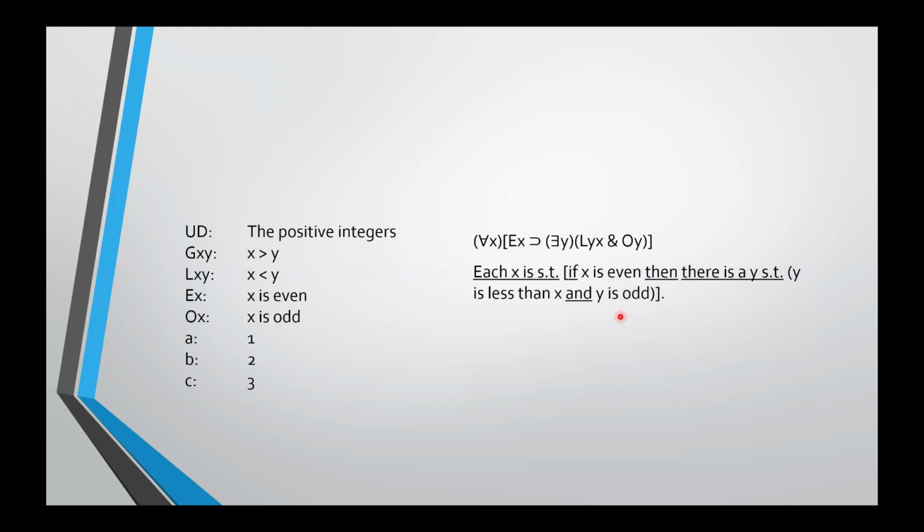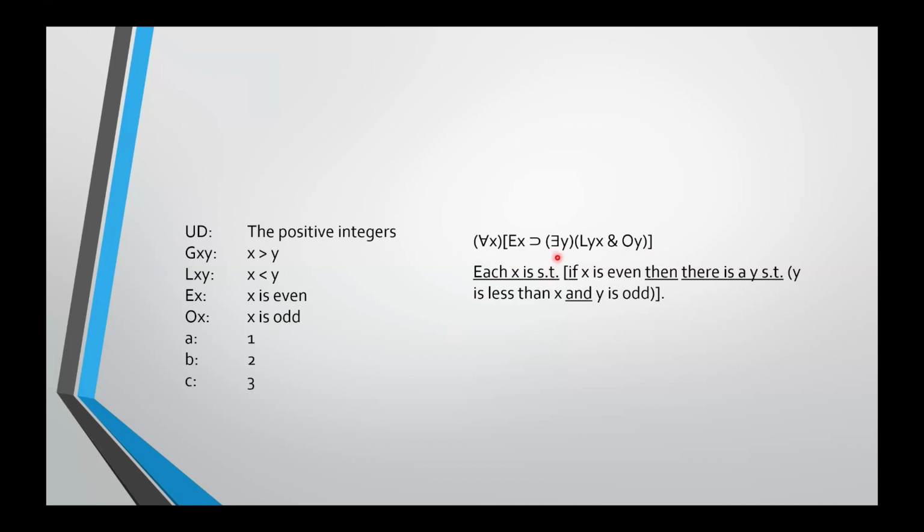Okay, so in moving this towards something idiomatic, we can recognize that the structure here is like a categorical sentence. It's like an A sentence with a very complicated predicate term down here. But at least that tells us that this is going to start off with something like every even number, all even numbers, something like this.